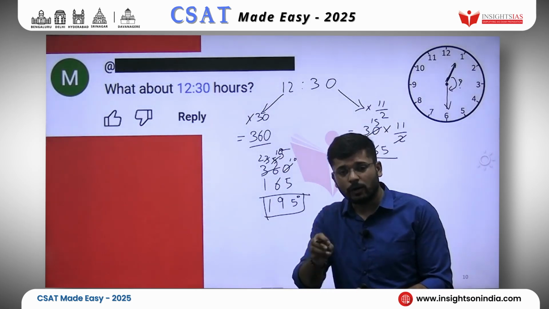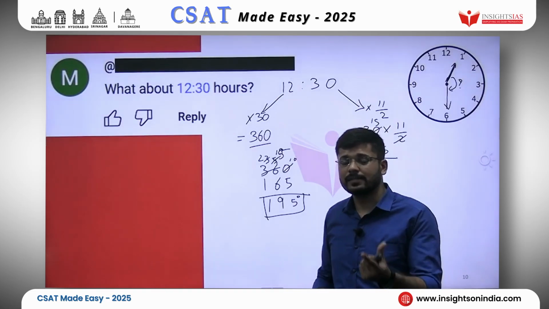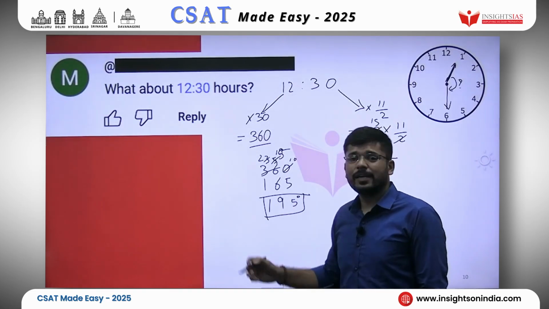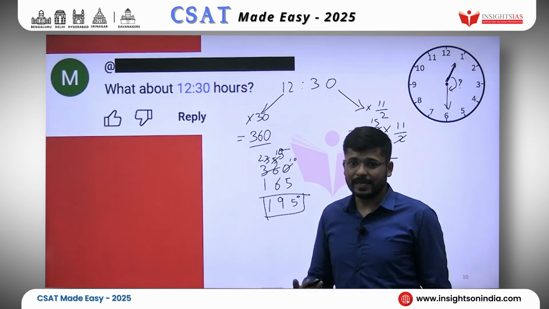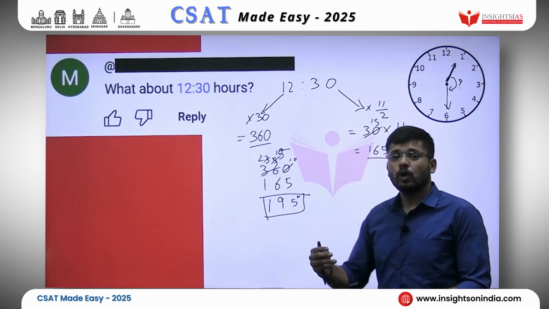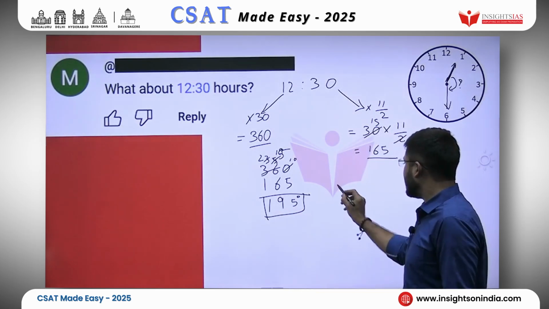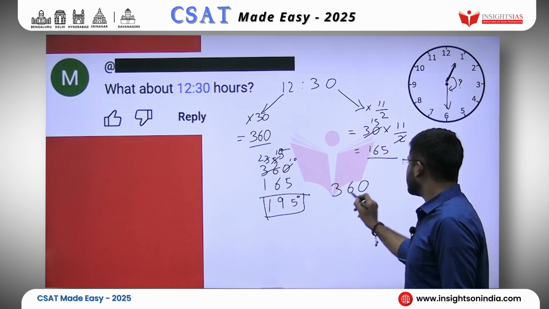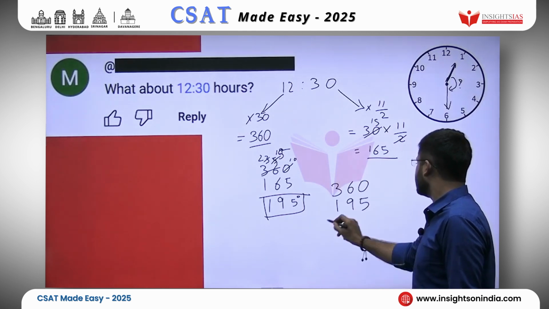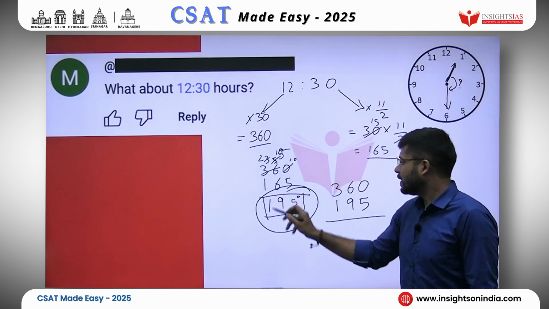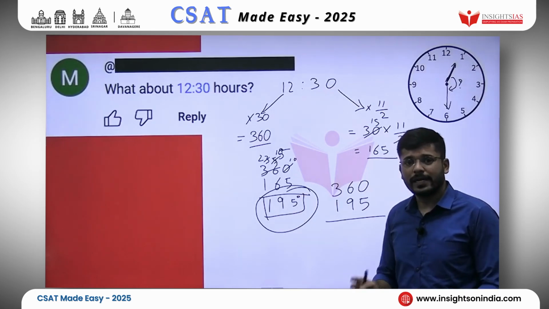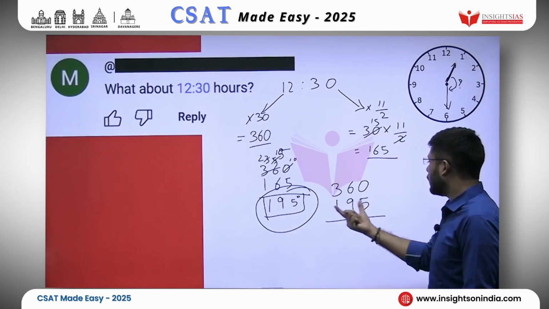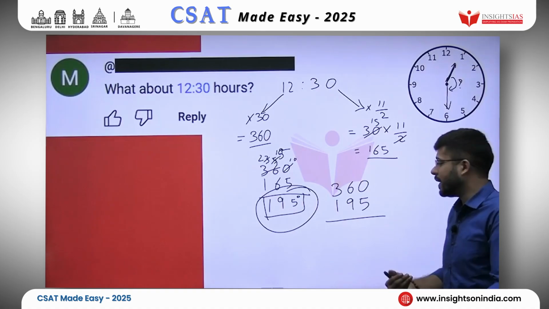However, I had also told you in the previous class that whenever the angle that you obtain is more than 180 degrees, we need to subtract it from 360. If this angle was 180 or less than 180, we would keep it as it is. However, since this number is more than 180, what will we do?